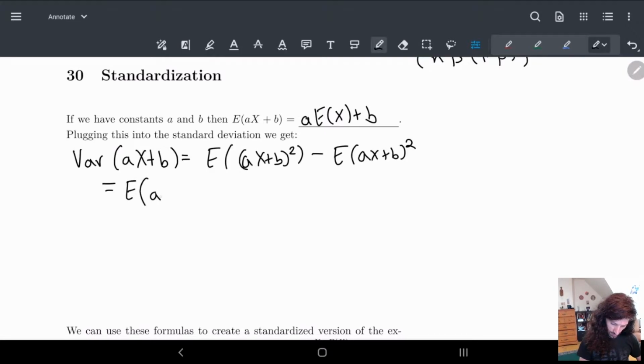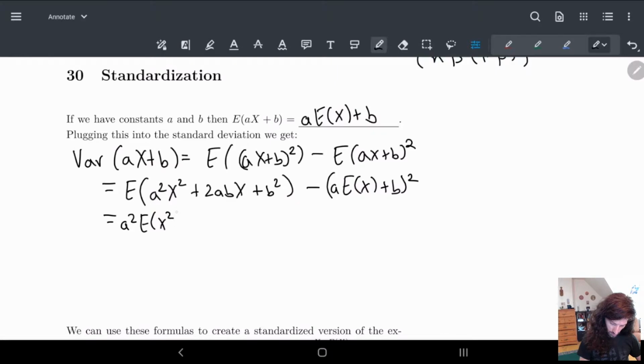We have a squared x squared plus 2abx plus b squared, minus, and here we can break it up into components, E of (ax plus b), squared. Then we get a squared E of x squared, plus 2ab E of x, and then b squared left over. And then here we have minus a squared E of x squared.